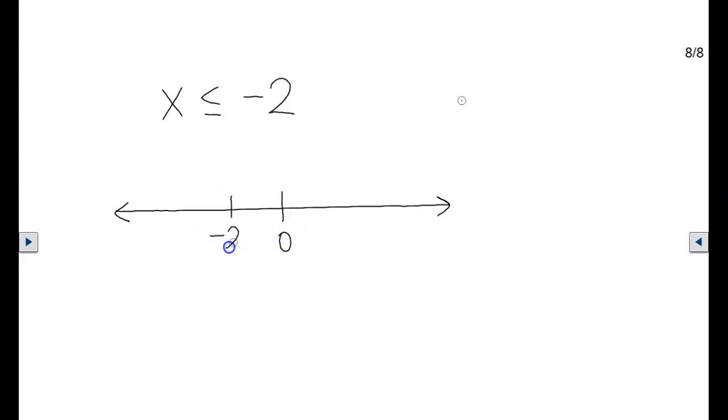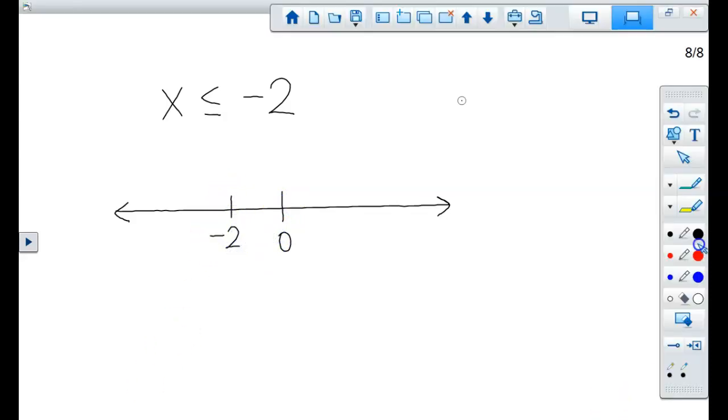Let's try x is less than or equal to negative 2. So that is my inequality. On my number line, I put my 0 with negative 2 to the left of that. All right, the first decision I need to make is open or closed circle. This says that x can be equal to negative 2.